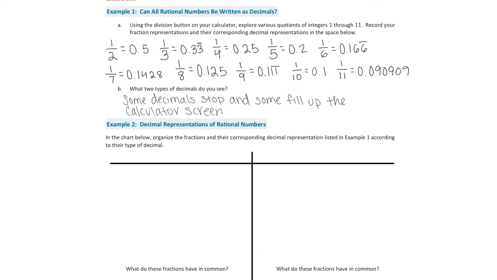Example 2, decimal representations of rational numbers. In the chart below, organize the fractions and their corresponding decimal representations listed in example 1 according to their type of decimal. On the left side of our chart, we're going to have terminating.